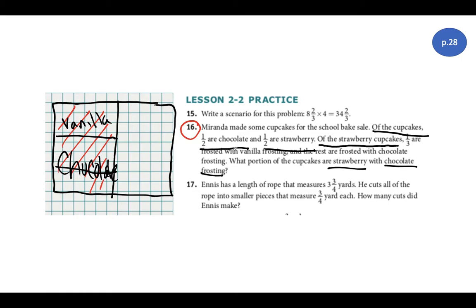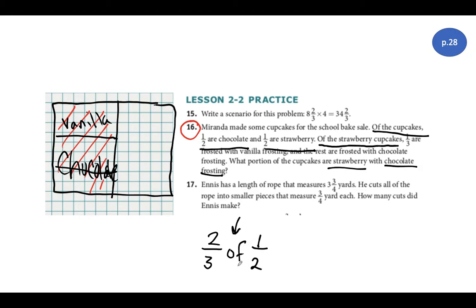What this problem is asking you to do is to start with a half, because that's what the strawberry is, right? And take 2/3 of that half. That is the math they're asking you to do. When you are looking at a multiplication problem with fractions, this word of is going to help you out.